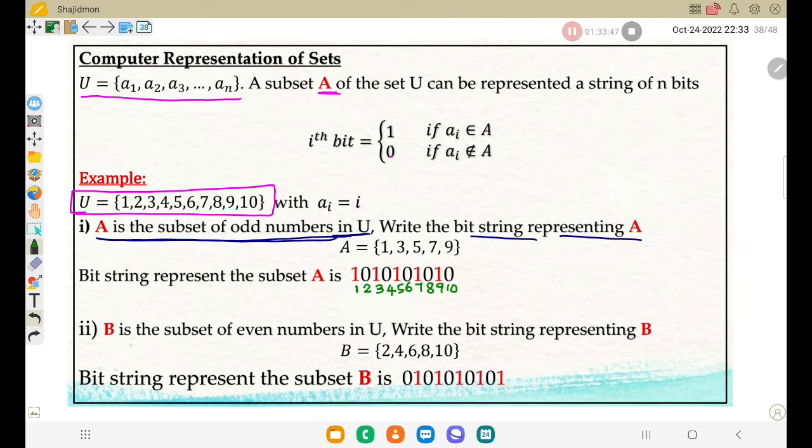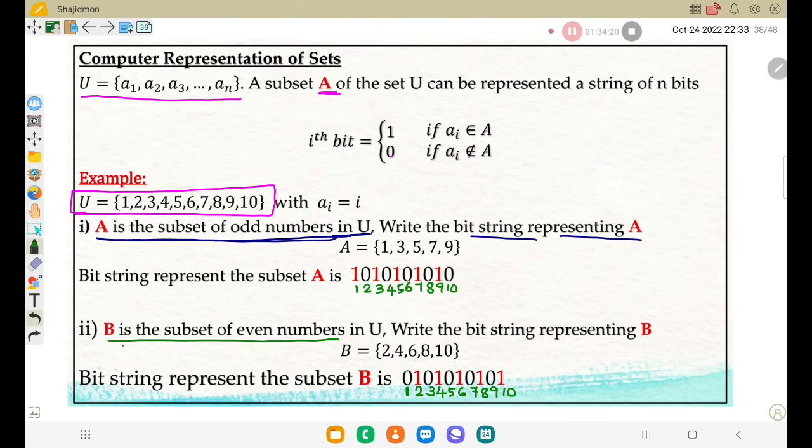Now, another example: B is a subset of even numbers. What are the even numbers in U? 2, 4, 6, 8, 10, correct? Only in U, the universal set. So the bit string representation of B is: 1st position 0 because 1 is odd, we need only even. 2nd position put 1, 3rd position 0, 4th position 1, 5th 0, 6th 1, 7th 0, 8th 1, 9th 0, 10th position 1.